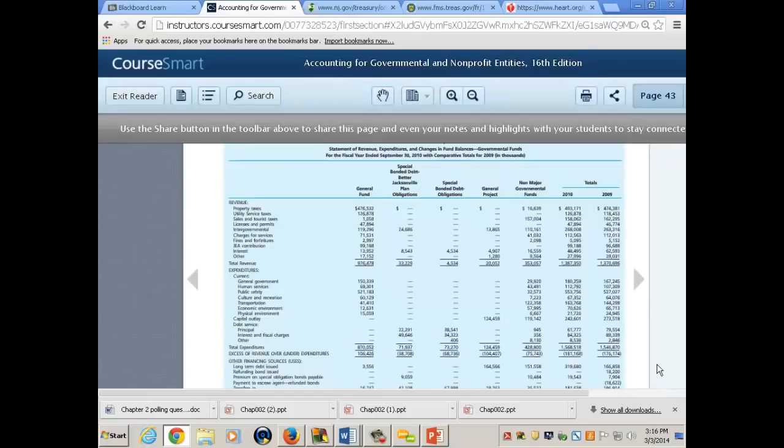It's no different than anything else you'll find with a business, except it's prepared on a modified accrual basis. Major funds listed this way, revenue sources listed this way, but very different from the statement of activities. Those are the two major fund statements for governmental funds.